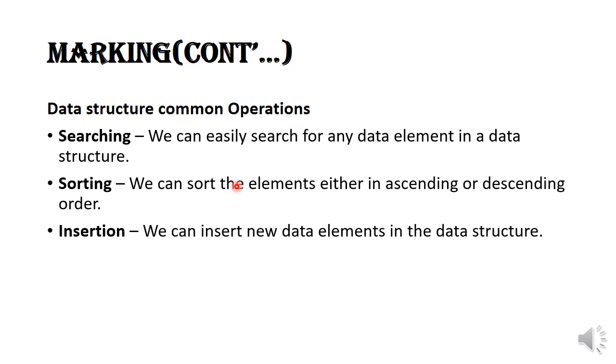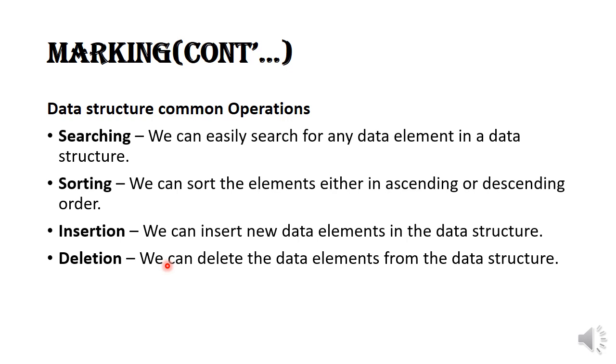This is what we call the rear. So by having a queue, we can increase the number of elements for that queue. So insertion. Deletion means reduction or removal of existing elements of a given data structure.